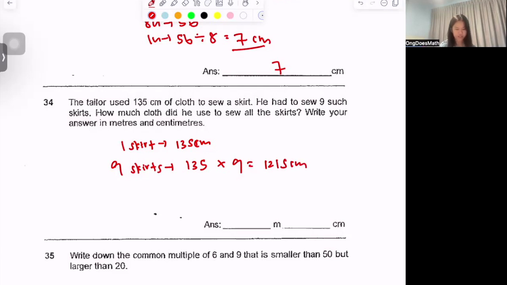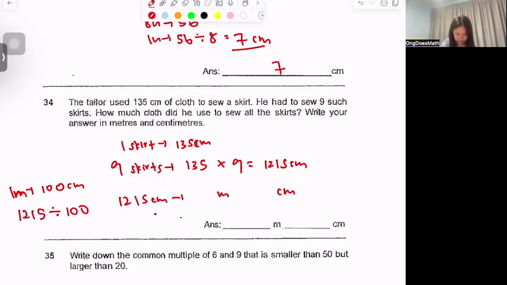Now let's convert these to meter and cm. So let's recall 1 meter is how many cm? 1 meter is 100 cm. Good. So to convert from cm to meter, we need to divide it by 100.